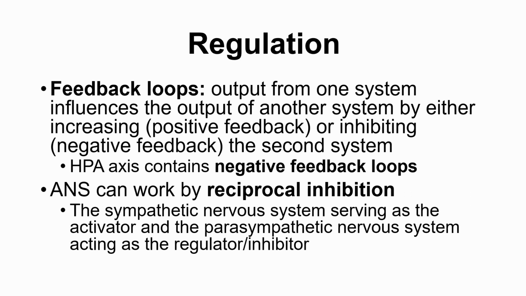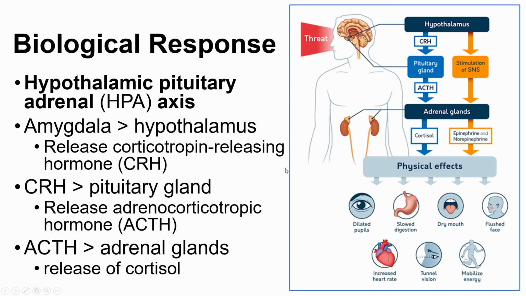And actually, most of our stress responses, and specifically our HPA axis, are going to rely on these negative feedback loops. So in that HPA axis, as this CRH and ACTH and cortisol are released, the presence of those levels within the body will actually lead to lesser production of them in the future. So even if the stressor persists, this HPA response is going to gradually lessen over time.